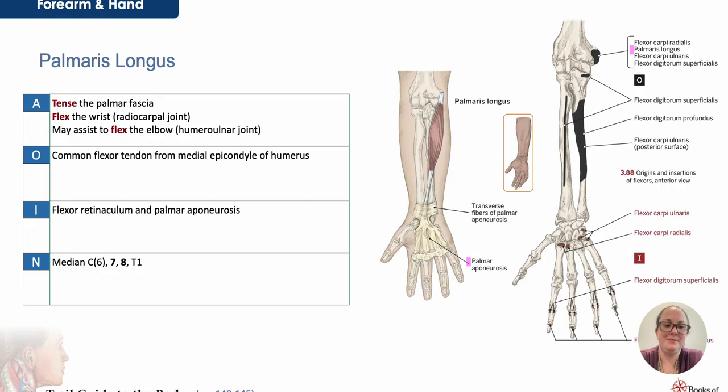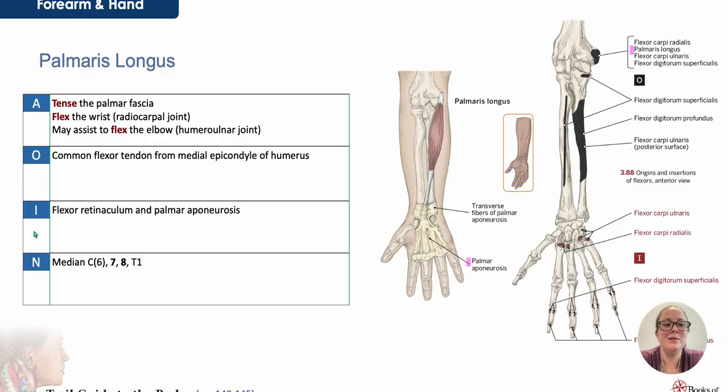Palmaris longus. It tenses the palmar fascia. Flexes your wrist, flexes your elbow. It starts at the medial epicondyle, kind of hangs out in the ulna and the radius, right?